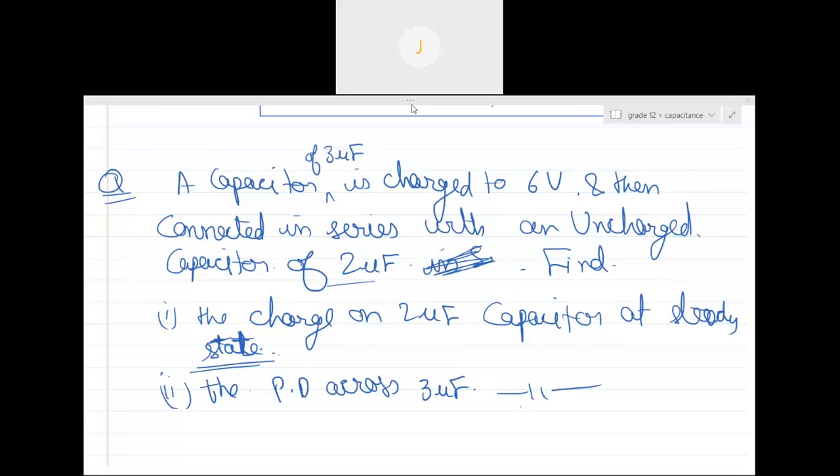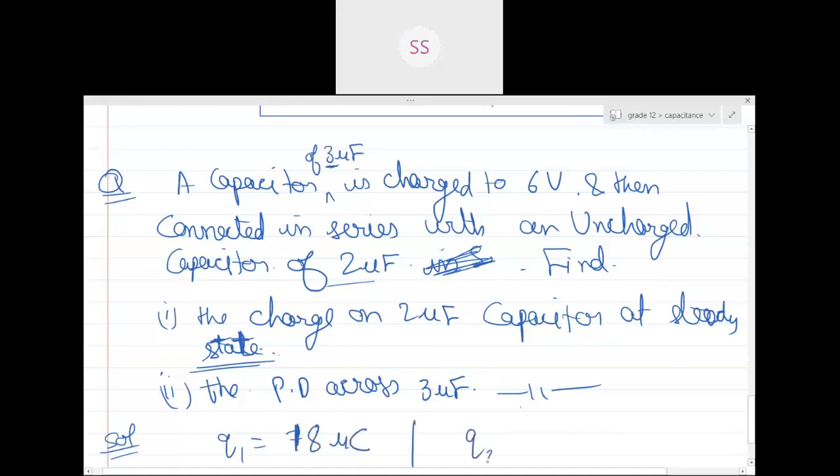Can anyone tell me what is the charge on the first capacitor? No, the first capacitor. The initial charge is 18 microcoulomb, which is 3 microfarad times 6 volts.